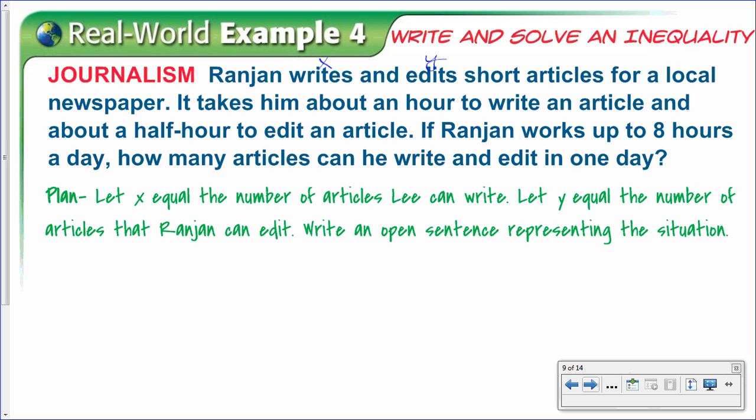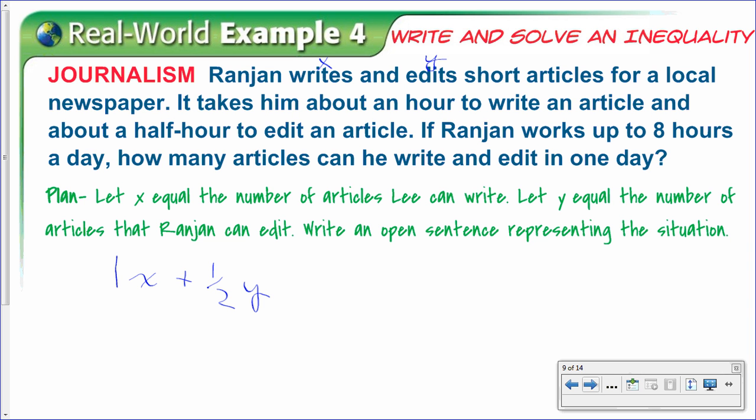So what would go in front of the X? 1, right? So I'm going to go 1X. 1 represents an hour to write an article, and about half an hour to edit. So plus half times y.